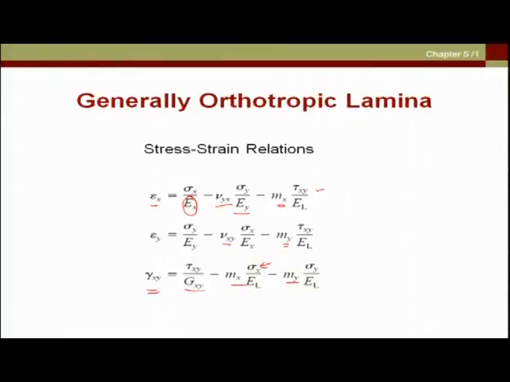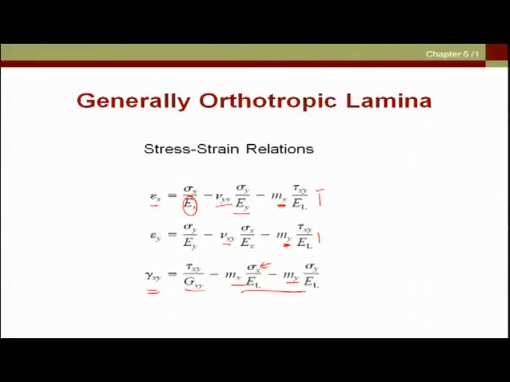And because mx and my can be very large, what that means is that shear stresses can create significant extensional strains, and extensional stresses can create significant shear strains in a generally orthotropic lamina. And so, we cannot assume that these coupling effects between shear and extension can be ignored.